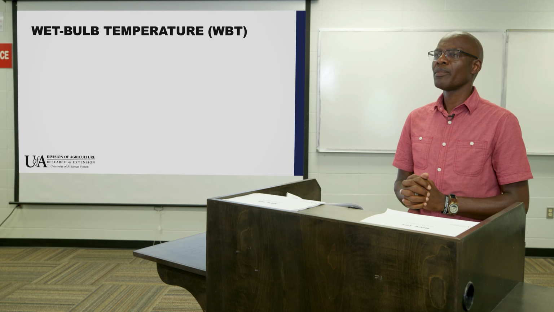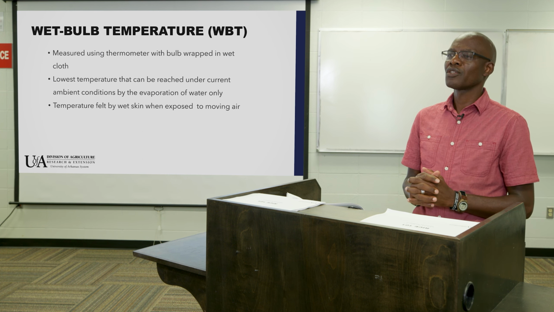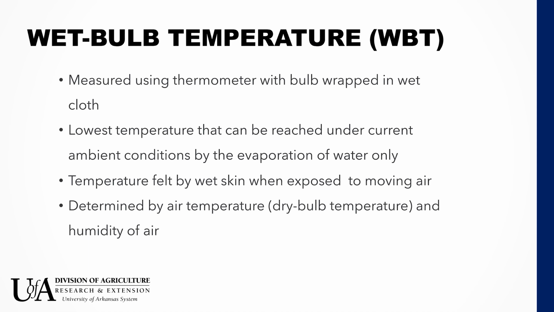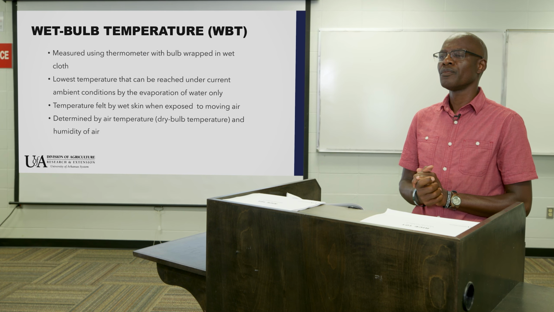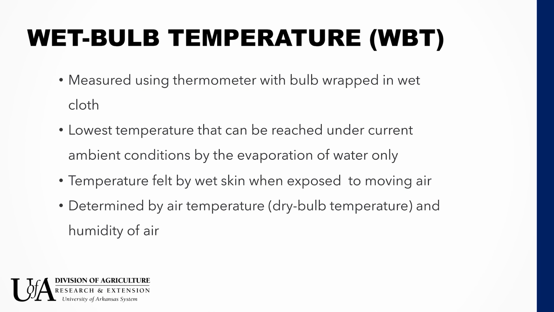The other parameter that I would like to describe is the wet bulb temperature. It is a slightly difficult concept to understand, but very useful to us when we are dealing with rice drying. The wet bulb temperature is measured using a thermometer with a bulb that's wrapped with a wet cloth. So imagine you have a thermometer, and at the end where we have the sensor for the temperature, you wrap that with a wet cloth, sometimes called a wick.